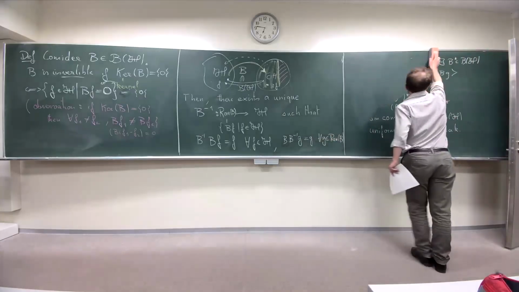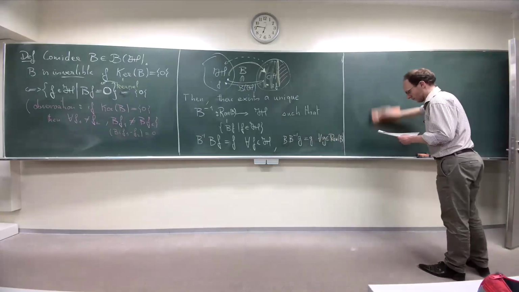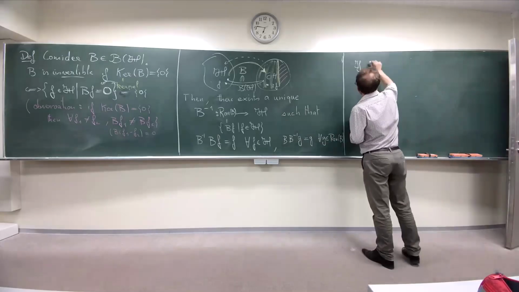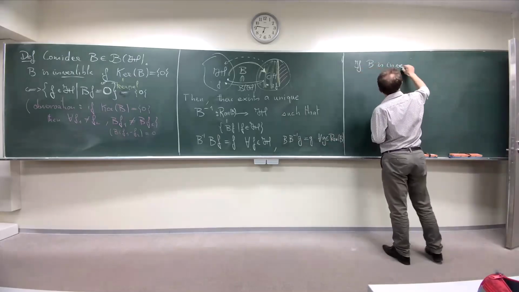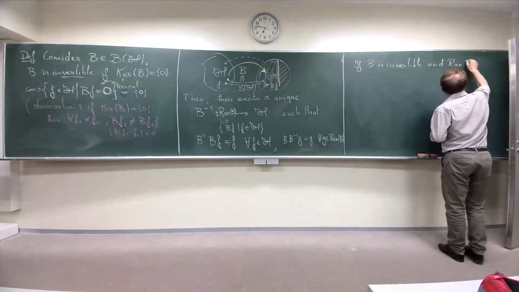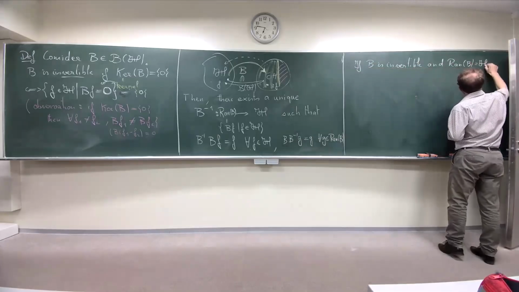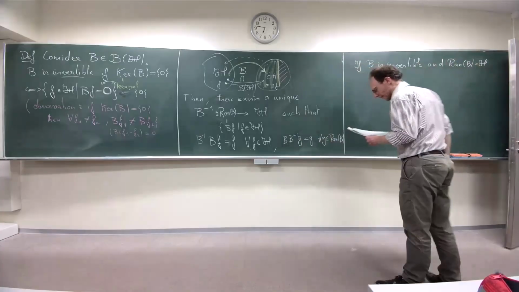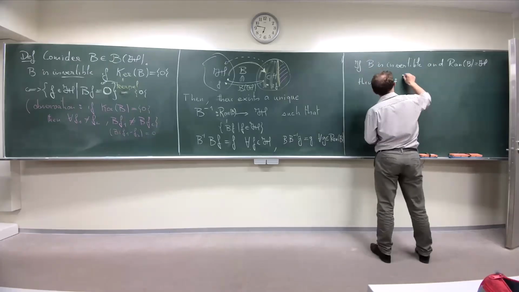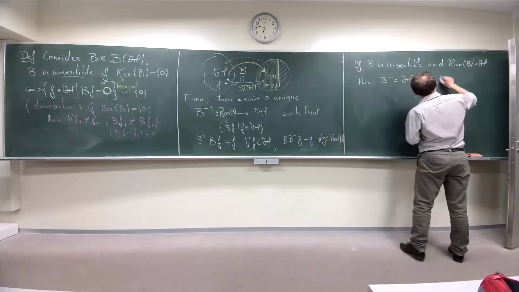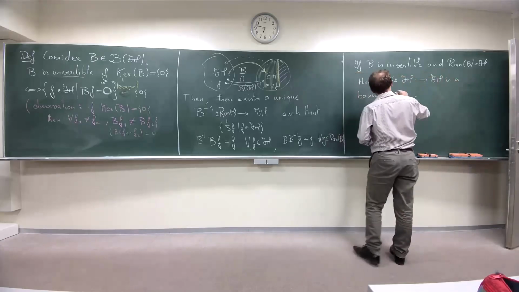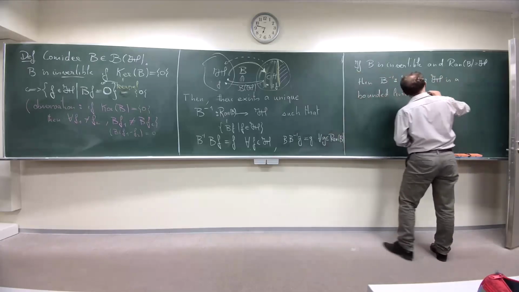Still in the definition, if B is invertible and the range of B is the entire space H, so if the yellow part is everything, then B minus 1, which is now defined from H to H, is a bounded linear operator.